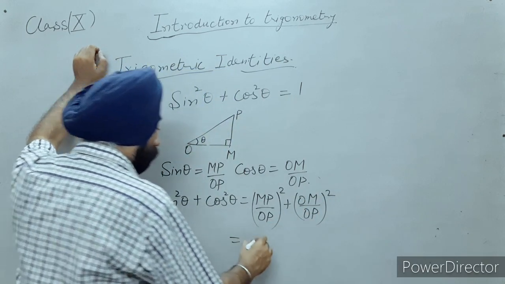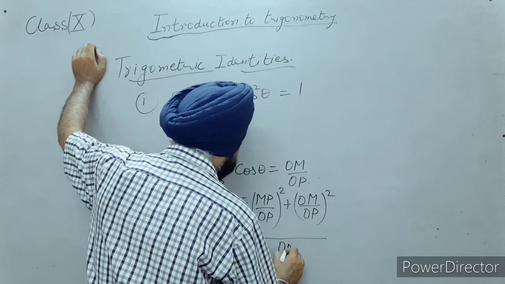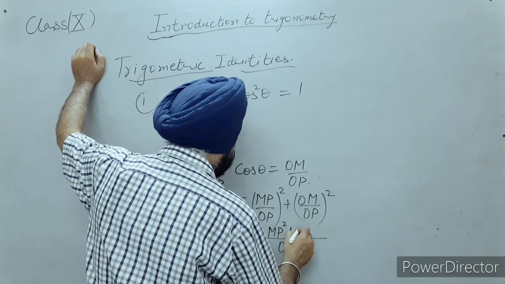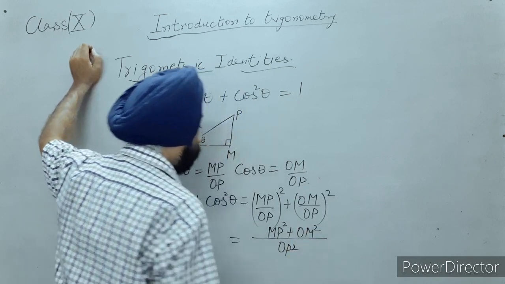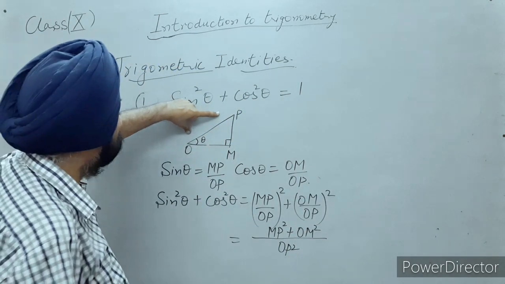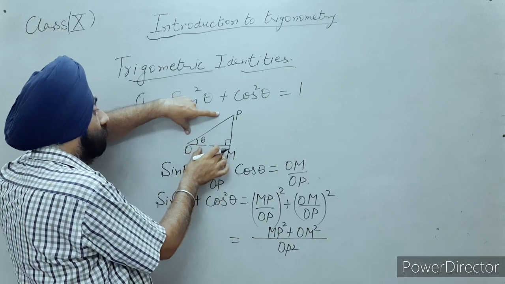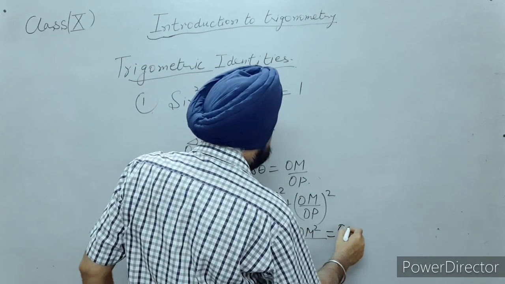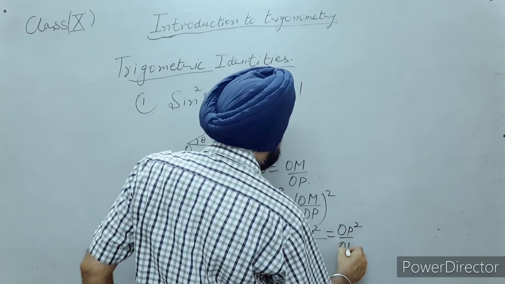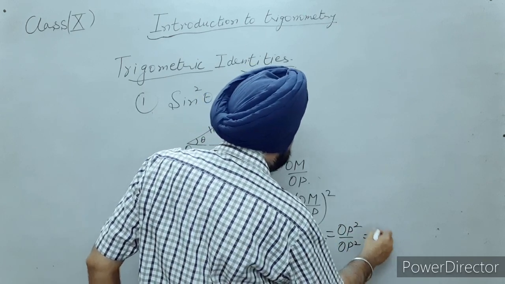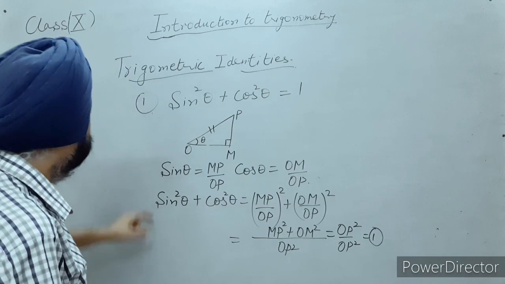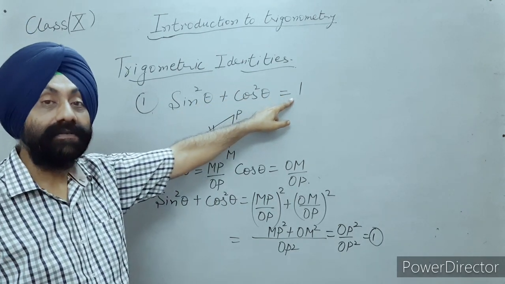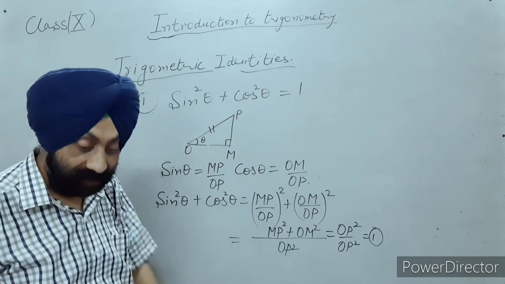This is equal to OP square as the LCM, and the numerator is MP square plus OM square. Now according to the Pythagoras theorem, MP square plus OM square equals OP square. I get OP square upon OP square, which is equal to 1. Therefore, sine square theta plus cos square theta is always equal to 1. This is the first identity.